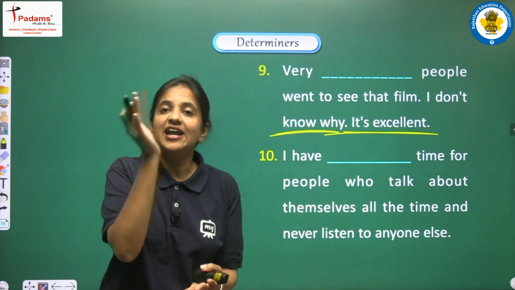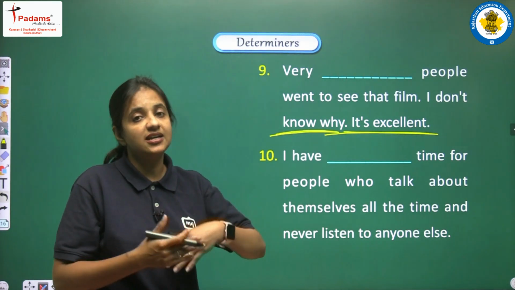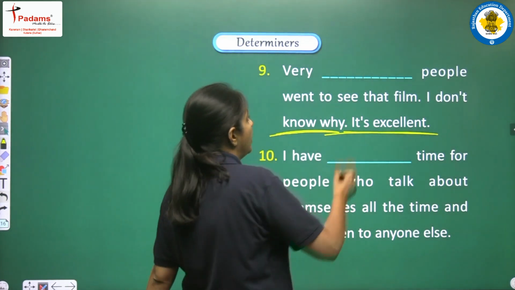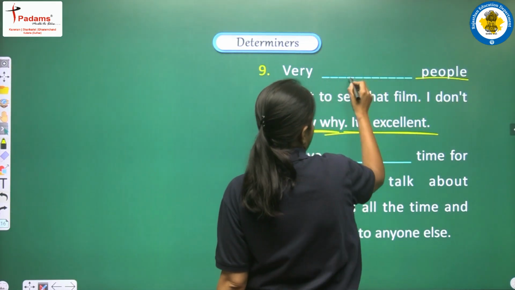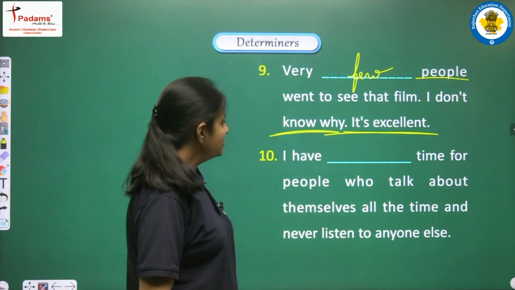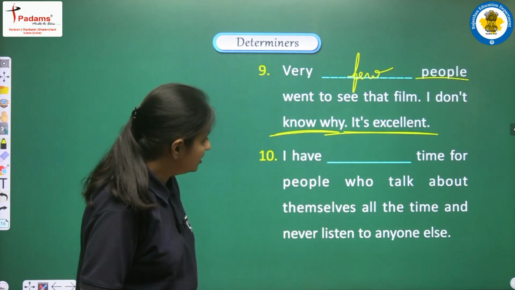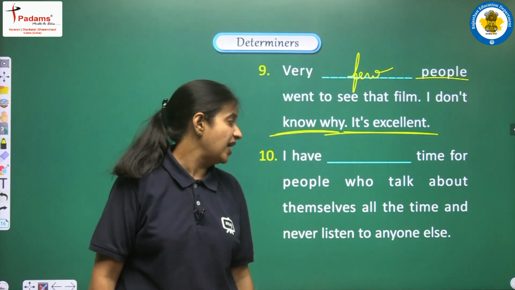Because we are saying that movie is a very good movie, it is an excellent movie, and still very people, we know it's a countable noun, so very few people. Clear?